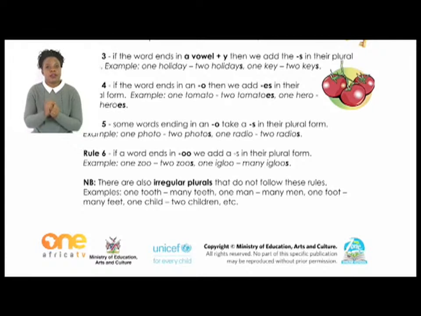If there are many, we don't add S or ES. They become teeth. Tooth, teeth. One foot, many feet. Foot, feet. These are irregular nouns.